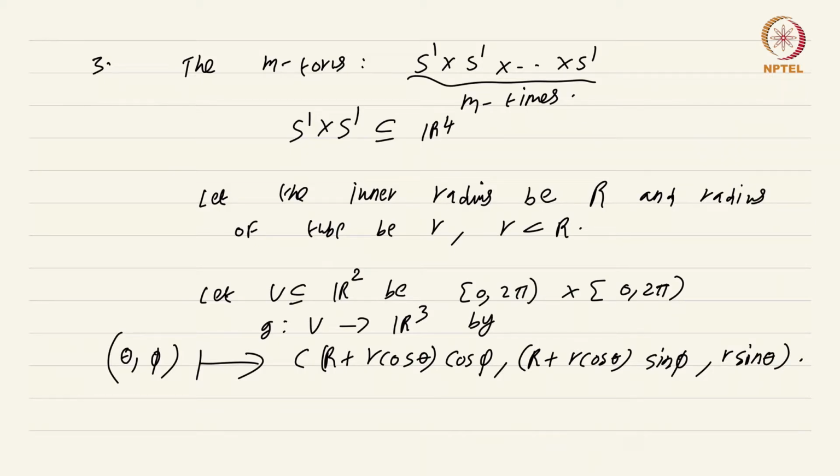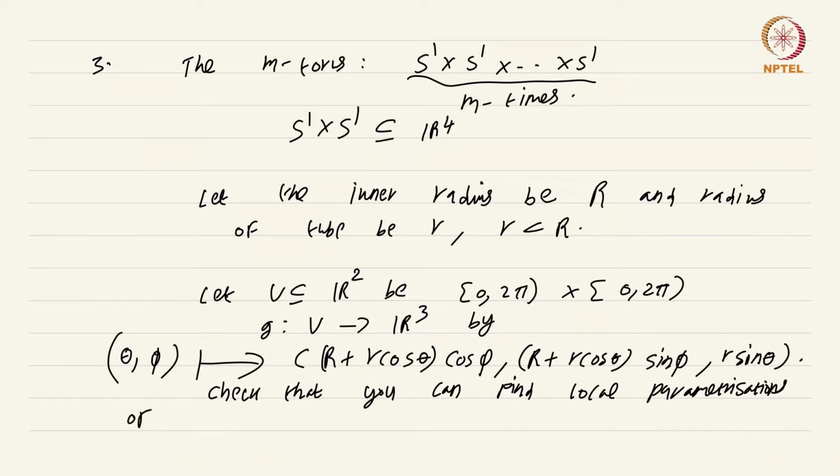Okay, check that you can find local parameterization of every point of the tube using G. You will have to play around with G a little bit to do this.